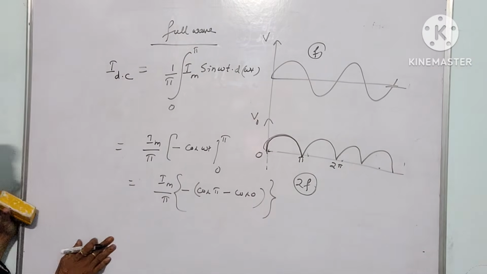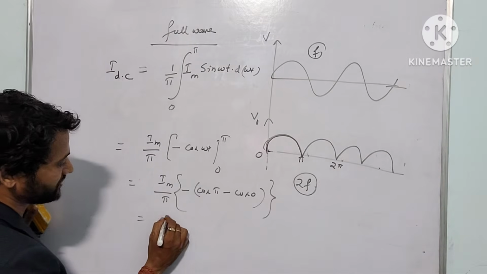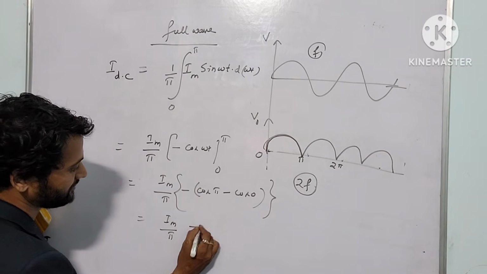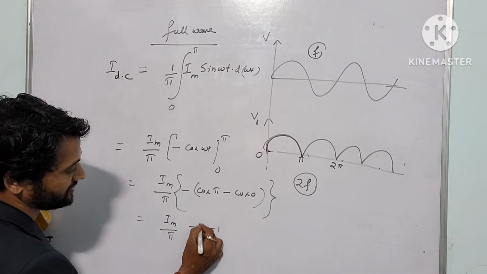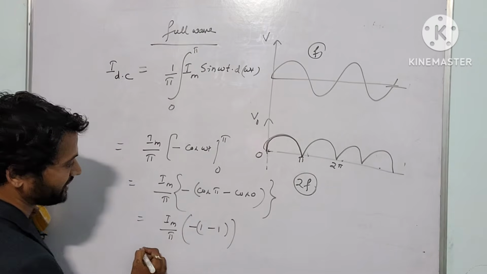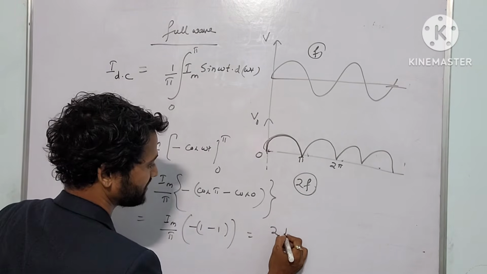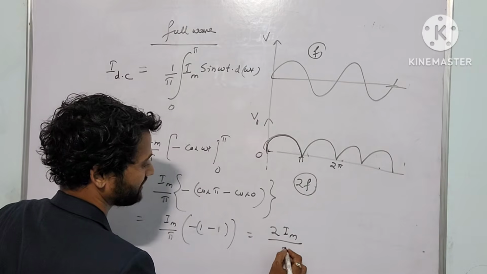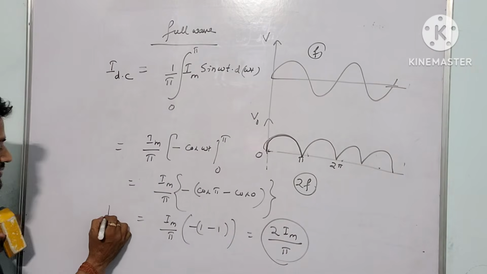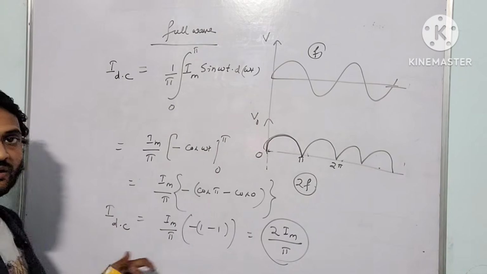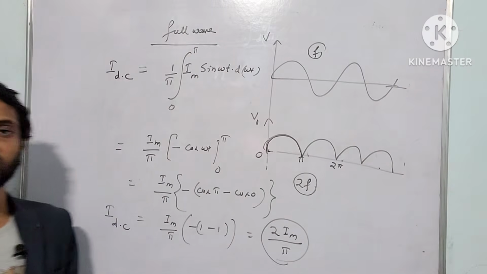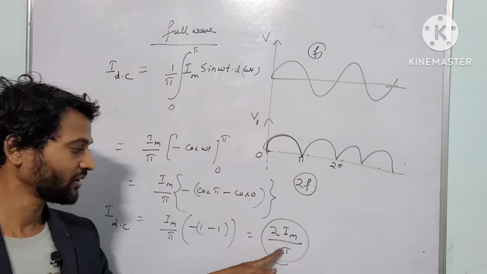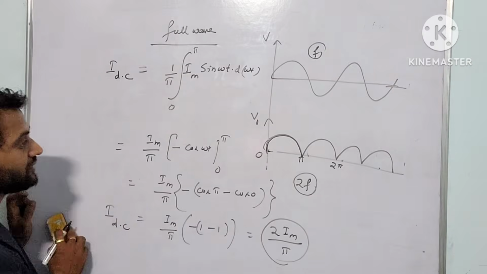So it will be Im by pi times (1 + 1), which is 2 Im by pi. Clear? So IDC is nothing but 2 Im by pi, 2 into the maximum value of current by pi. Clear?